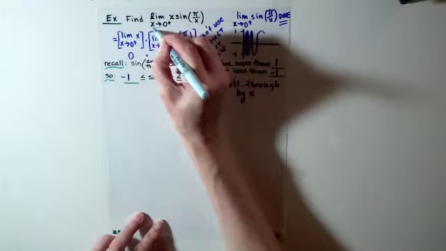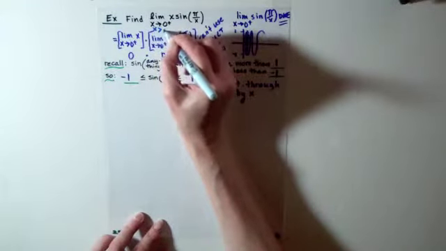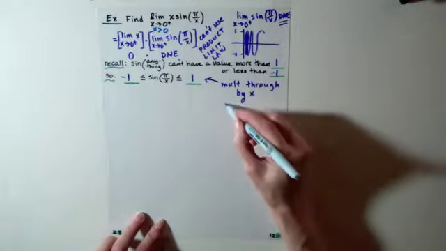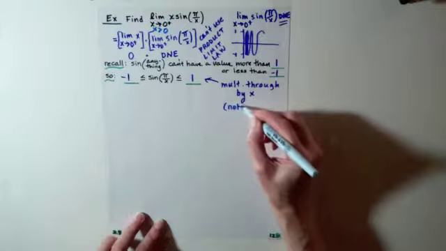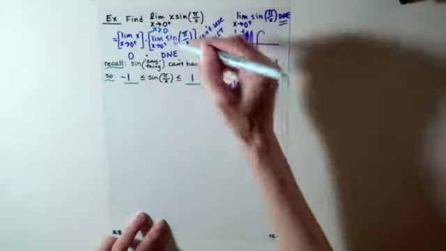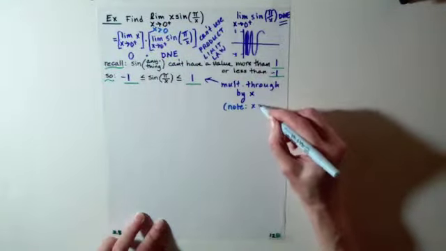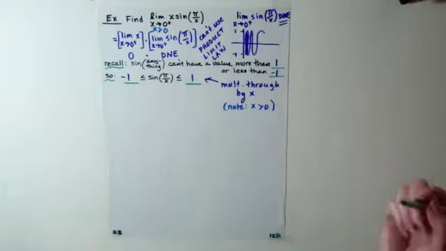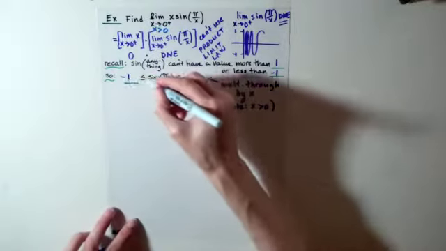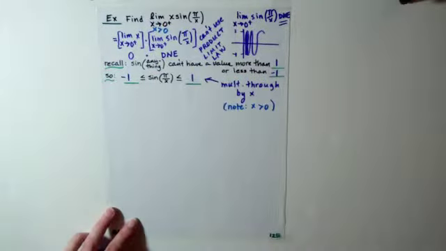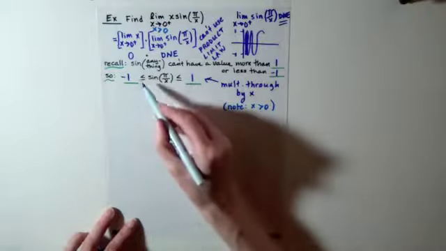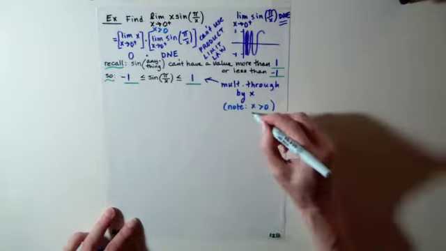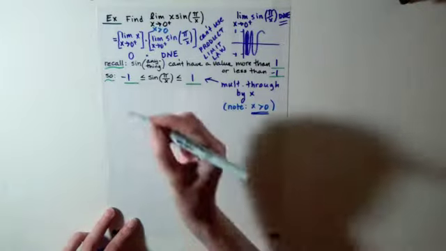So remember, that means that x is going to be something that is greater than 0. That means that x is something that's positive. So note that for the limiting process that we're going to end up doing, x will be greater than 0. In other words, x is going to be something that is positive. That means that I can multiply this inequality through by x and keep the inequality symbols in exactly the same direction as long as my x is something that is positive, greater than 0.